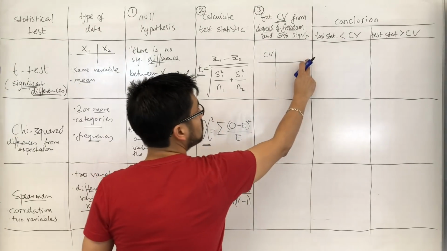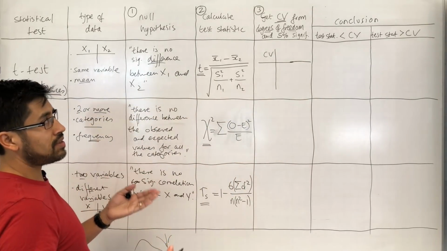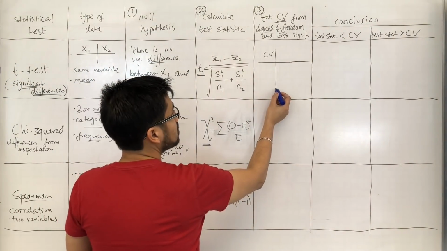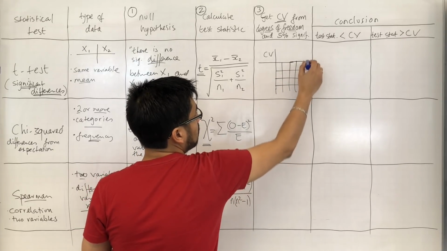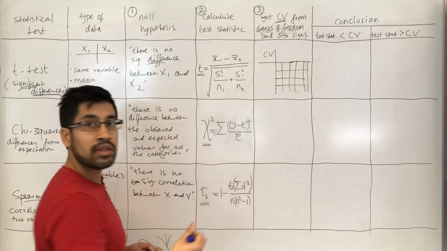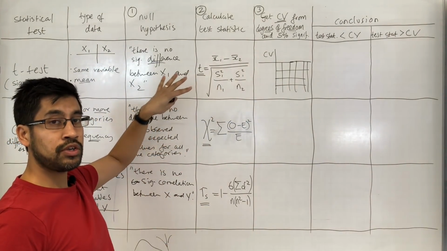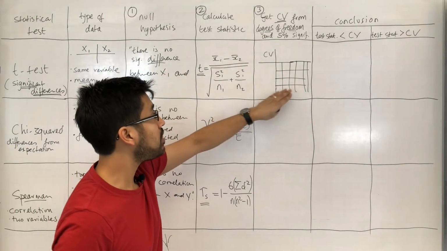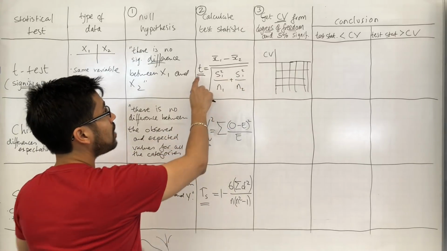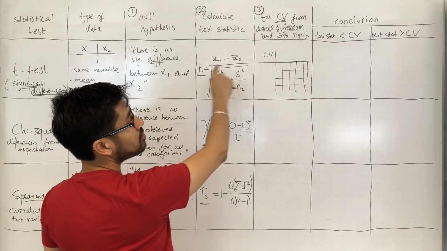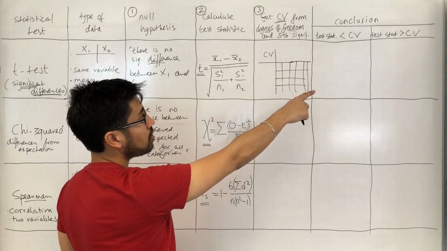Now I'm sure you've used these in the past, but I'm just going to explain what their significance is. You've got a table of critical values, lots of numbers in the table. Now one of these critical values is the one that's appropriate for the data that you are using, and then your t value has to be compared to this critical value to decide whether there's significance or not.